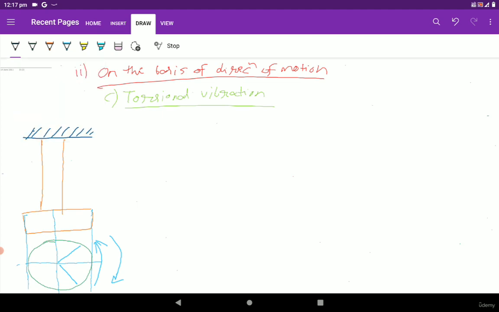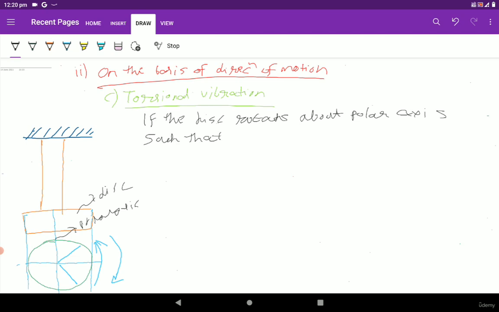If the disc rotates about the polar axis, this is the polar axis, such that the shaft or rod is twisted or untwisted, then it is known as torsional vibration.